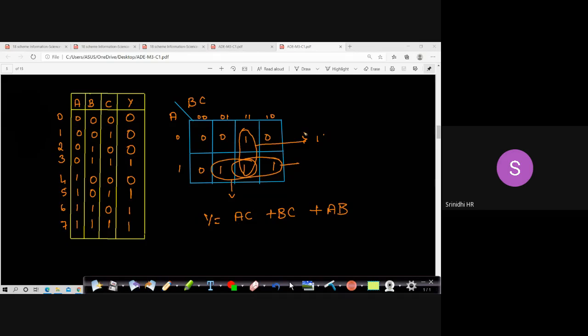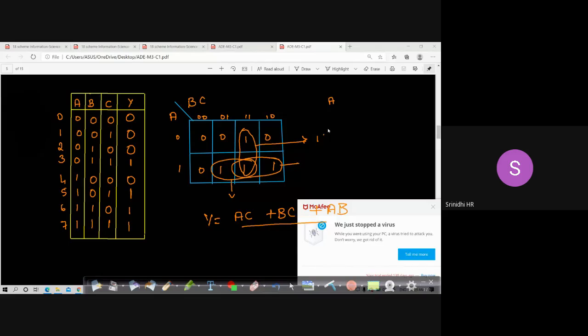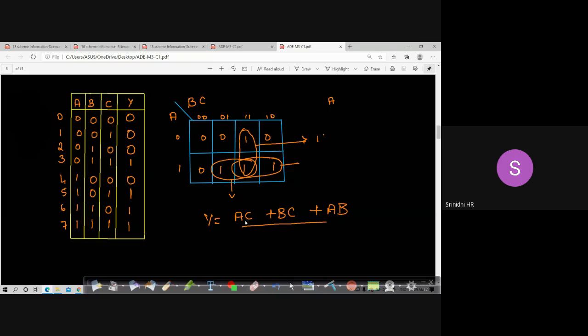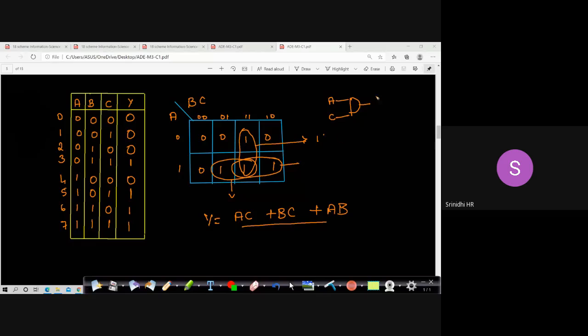So how do I represent this using a logic diagram? If this is my answer, let's represent it in the logic diagram now. I have inputs A and C, so I'll write AC. I give them to an AND gate, and this is my output AC.